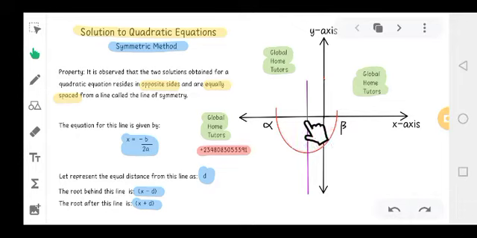So moving backward is x minus d, while moving forward is x plus d. So what we need in this method of symmetry are just these three: x equals minus b over 2a, and these two roots that have been written in terms of d. So let's now see how we apply this method to solve problems.